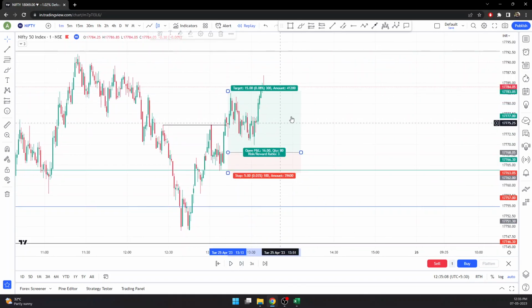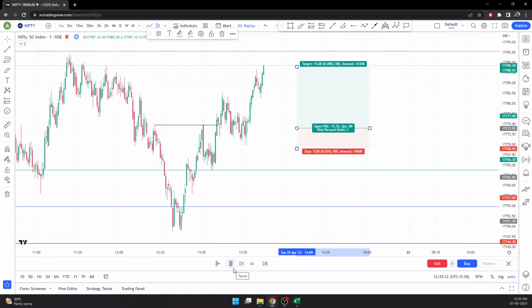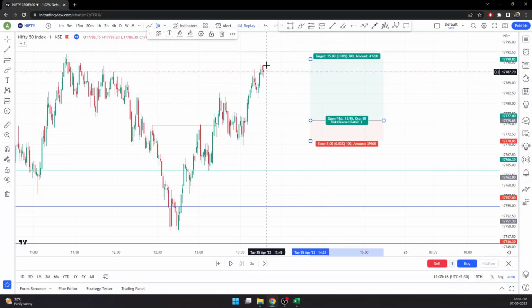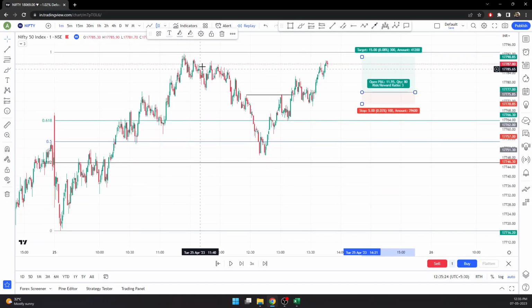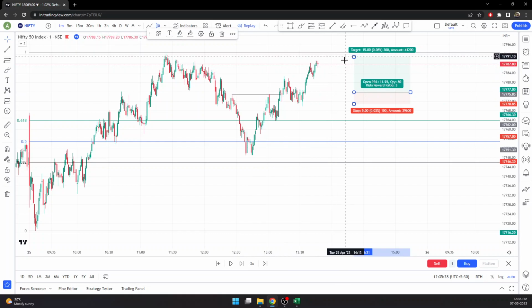Okay, it broke this. Good, broke this level, but we can see these swings are now becoming weaker and weaker. Also at this level, I'm expecting it to break, but it is too much away from this discount zone.